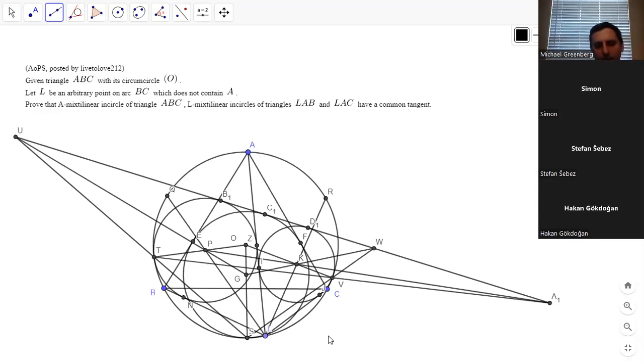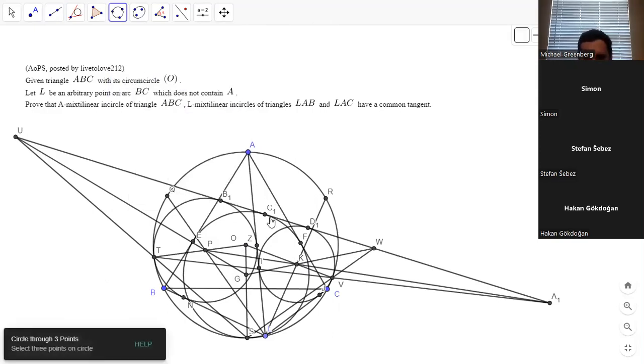Is there something special about C1? I think if we could find something special about C1, that would be good. Is there some circle it lies on?